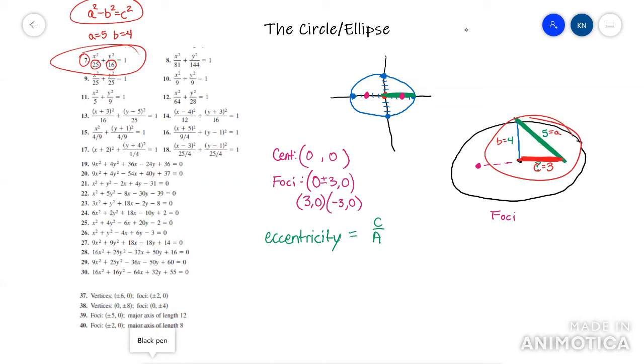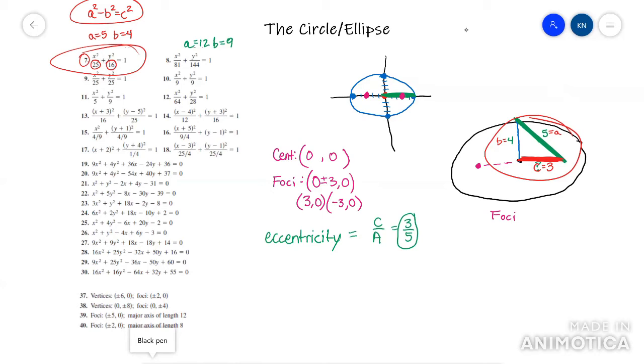So remember, the bigger number rooted is going to be A. Look at number 8, for example. A is 12. B is 9. And you would use this to find your C, and then you're just running C over A to get eccentricity. So back to this example here, C over A would be 3/5. That would be my answer for eccentricity. I hope all of that made sense.